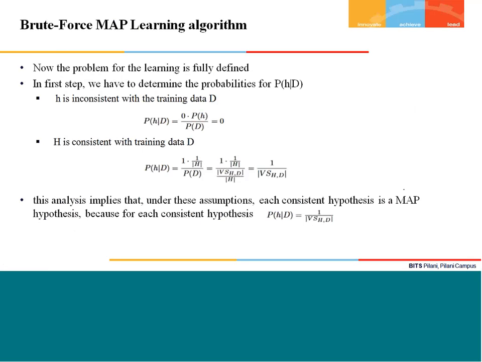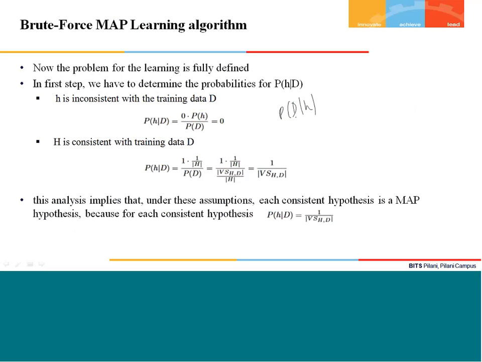So now the problem for learning is fully defined, right? In the first step, we have to determine the probability of P(h given D). Now if h is inconsistent, meaning it cannot produce the data, then what is the probability of seeing the data using that hypothesis? Inconsistent means it cannot do that.